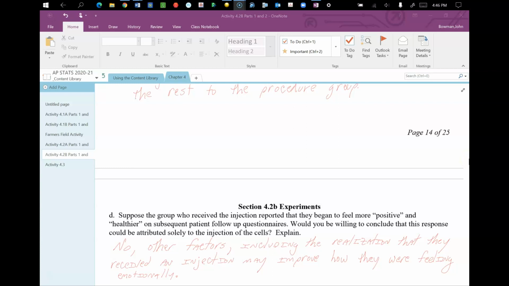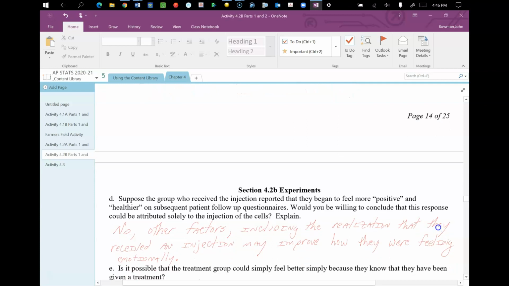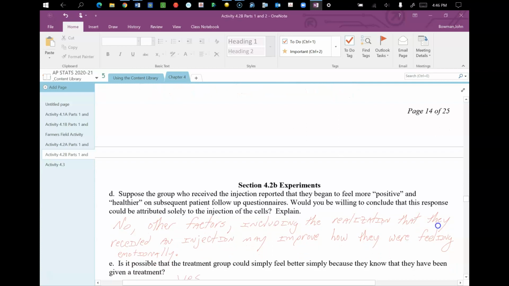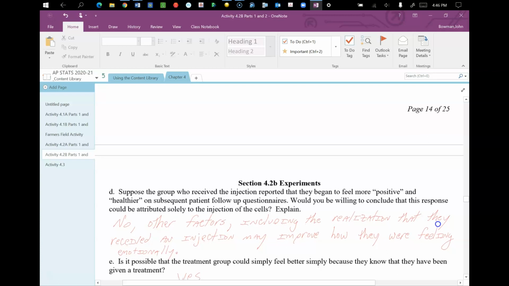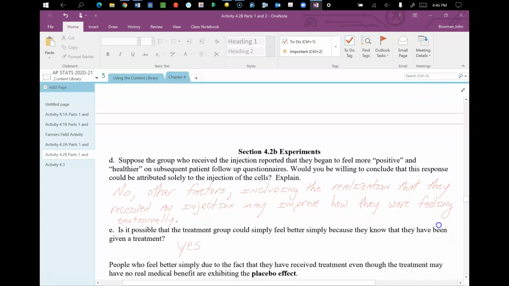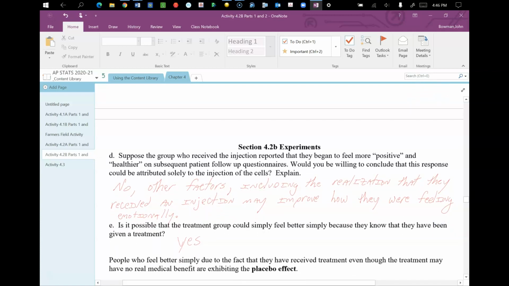So essentially what I'm asking is, is it possible for subjects in this experiment to actually feel better or maybe even physically improve even though the treatment has zero effect whatsoever? And the answer to that is yes. It's called the placebo effect.